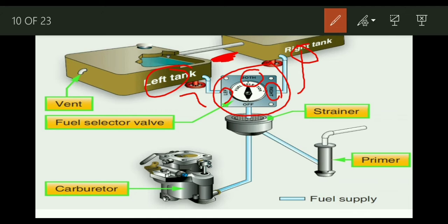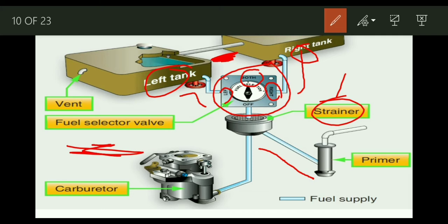After coming from the fuel selector valve, the fuel goes to the strainer. The strainer is used for filtering the fuel. If water droplets and dust come, the strainer will clean the fuel. After that, the primer is used.